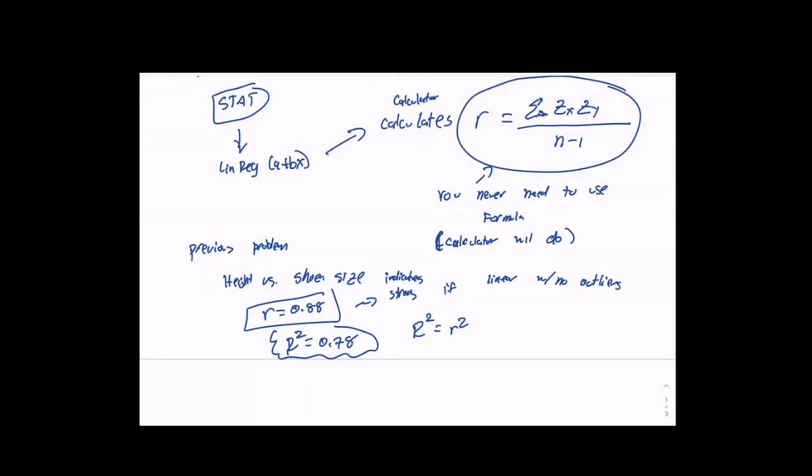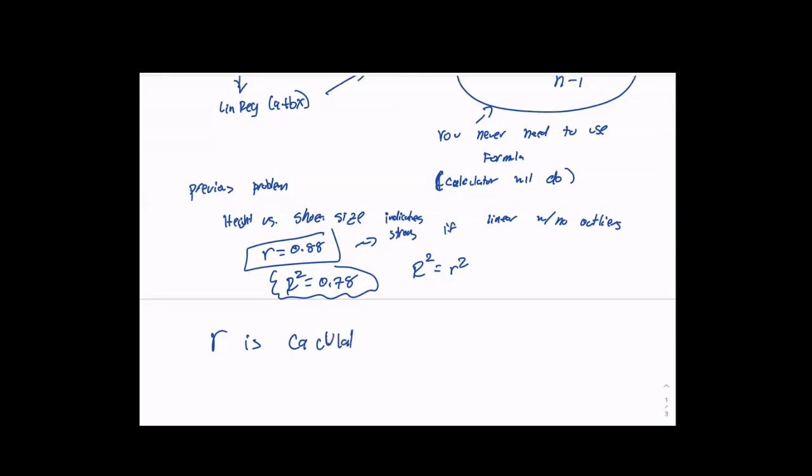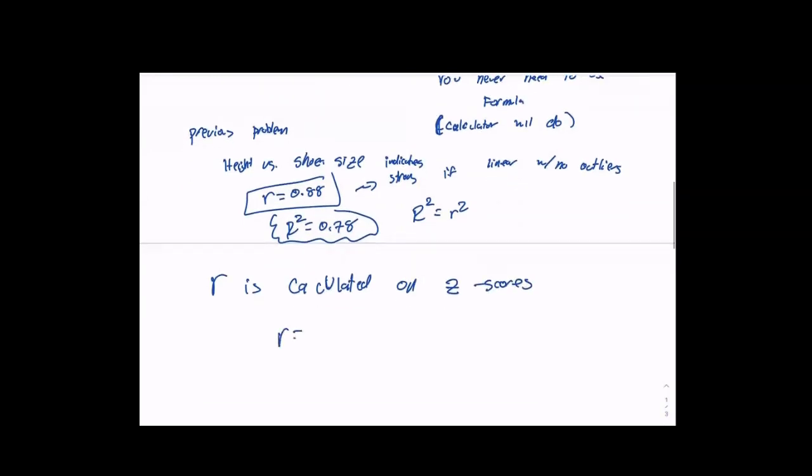Okay. Now, R is calculated on z-scores. And the formula is R equals the summation of zx times zy over n minus 1.